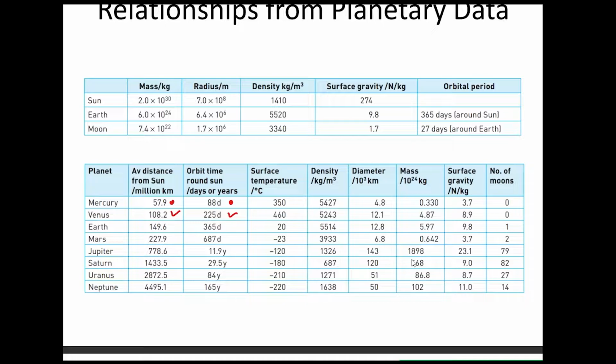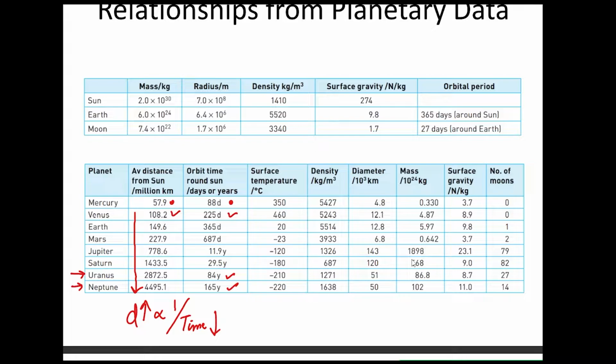Down the line, the trend I'm seeing right now is that if the distance increases, the time is decreasing. So they have an inverse relationship amongst themselves. If Uranus and Neptune are very far away, they have their orbital periods proportionally very, very large, right?